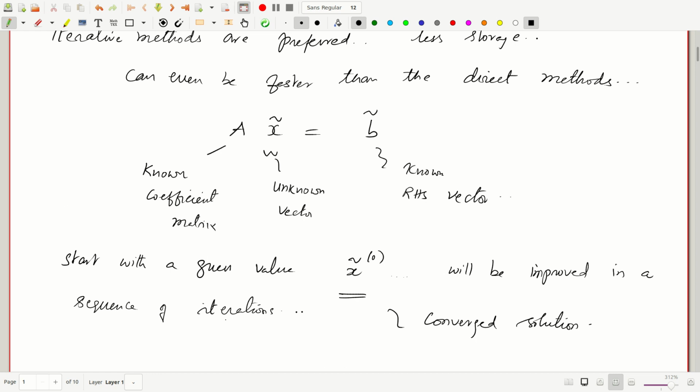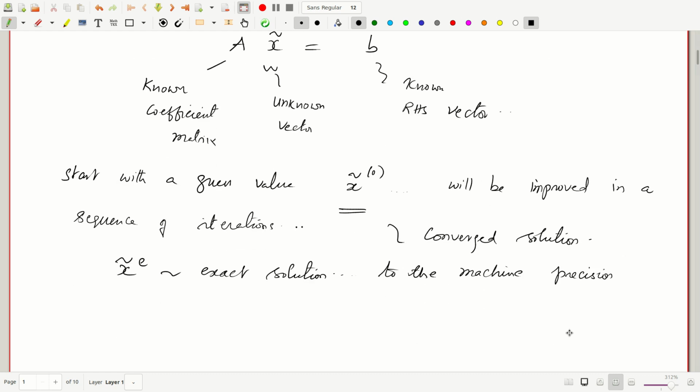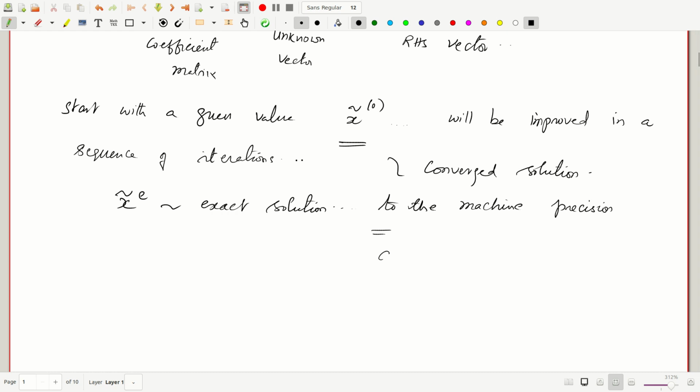Let's call the converged solution maybe x tilde e, that is basically the exact solution. We realize that this exact solution is only exact to the machine precision, or within the accuracy or tolerance that we prescribe, okay.